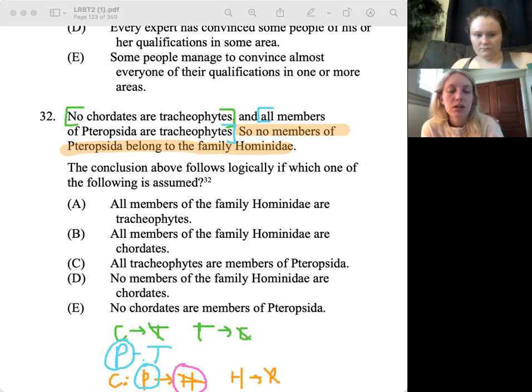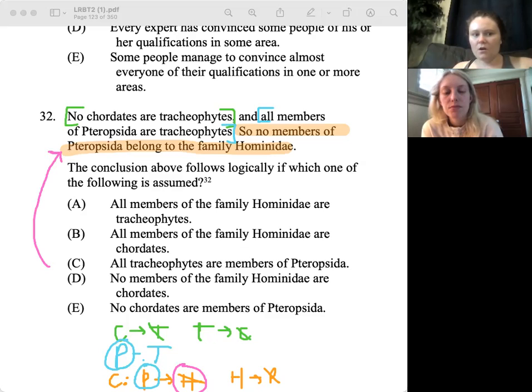Well, potentially we could negate it, but we have to bring in a new premise that's going to guarantee that if you are P, you're not H, or if you are H, you're not P. So for example, if we are P, we know that we're a T, right?